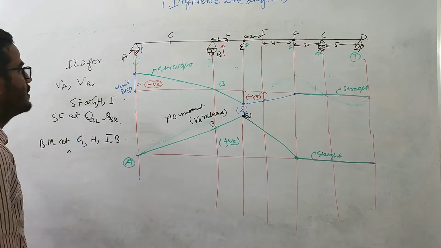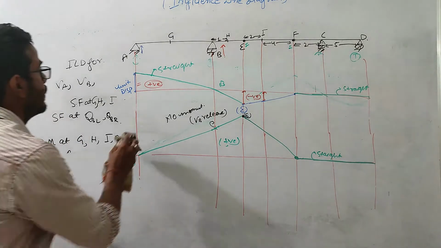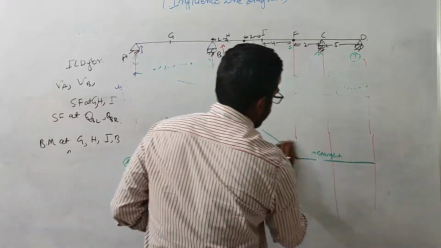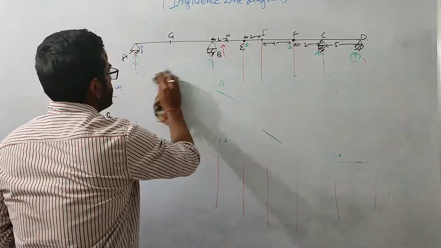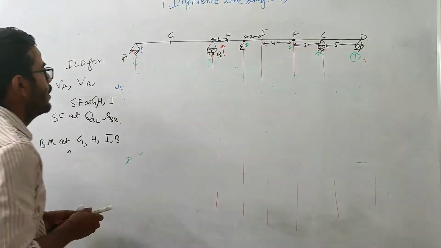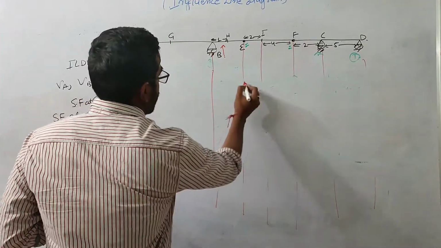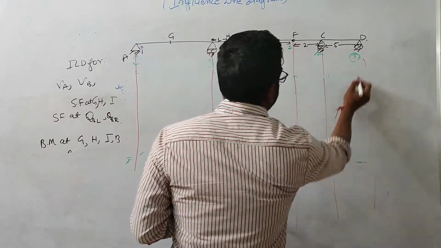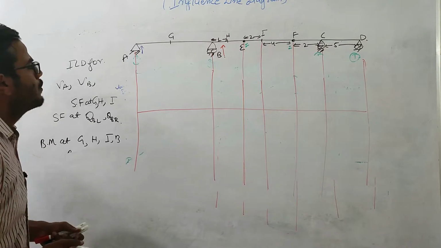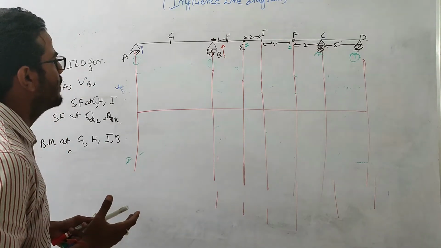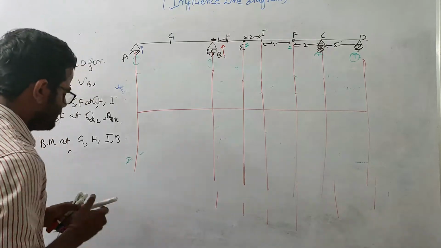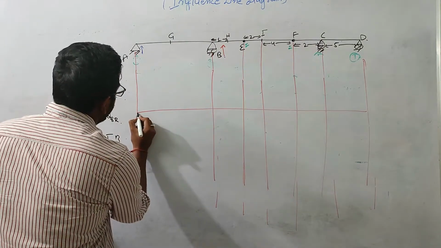Now we'll see what will be the ILD for the shear force at point G. Now we need to draw the ILD for the shear at point G. When we want to draw the shear at point G, at this point we need to maintain the boundary condition.